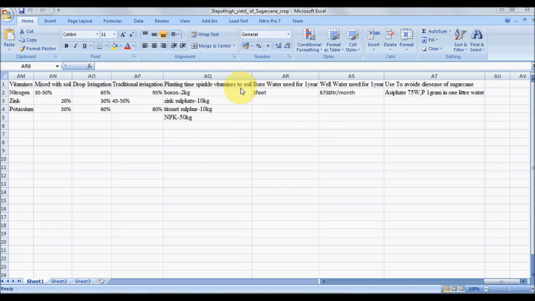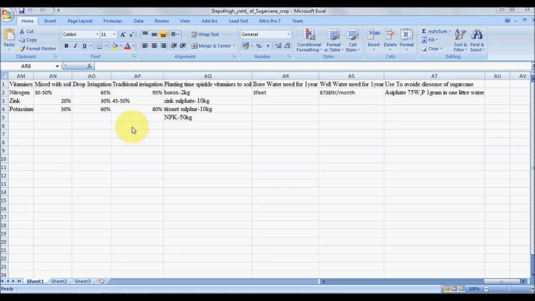How much time the vitamin should be sprinkled, what is the total water requirement for 1 year, and in order to avoid disease of the sugarcane, how much Asiphate should be included. So this is the standard data set.